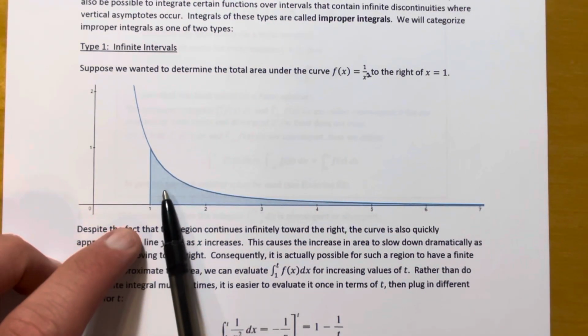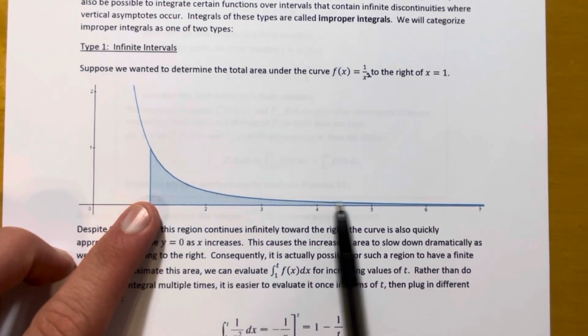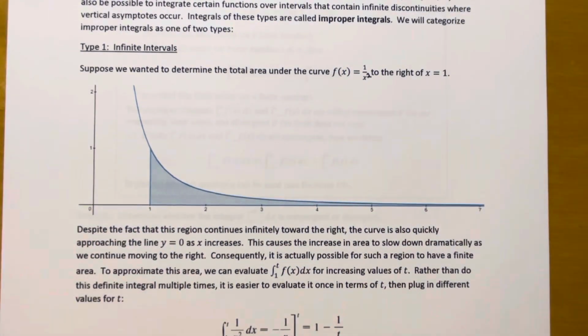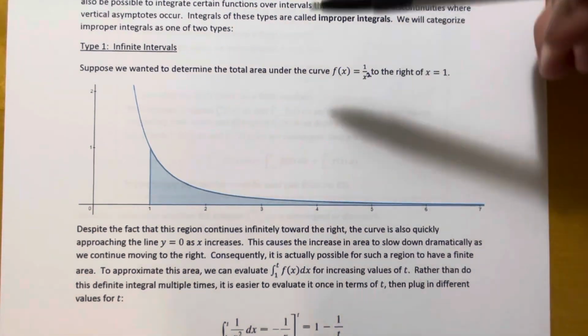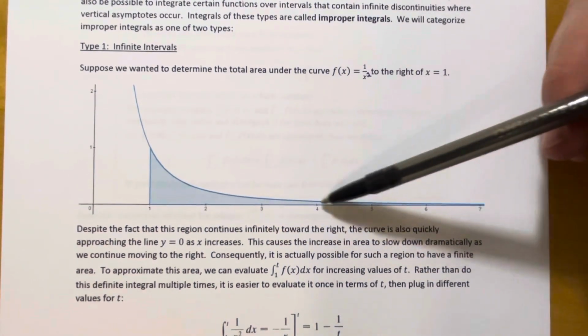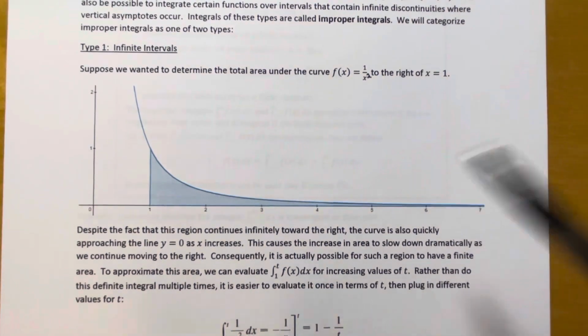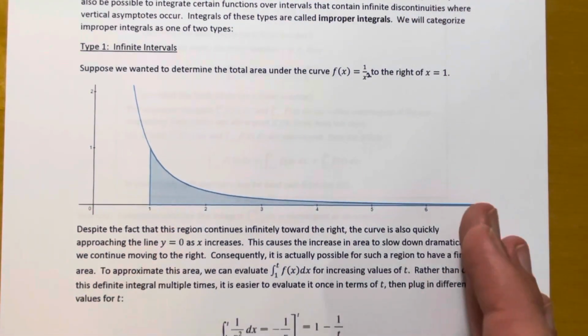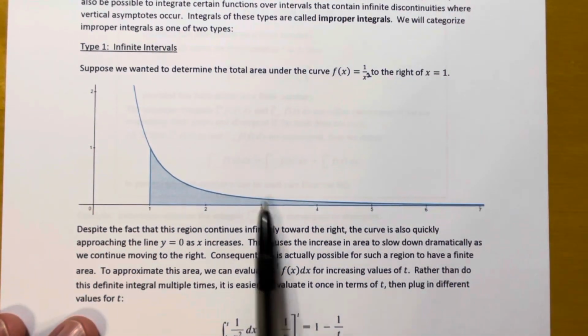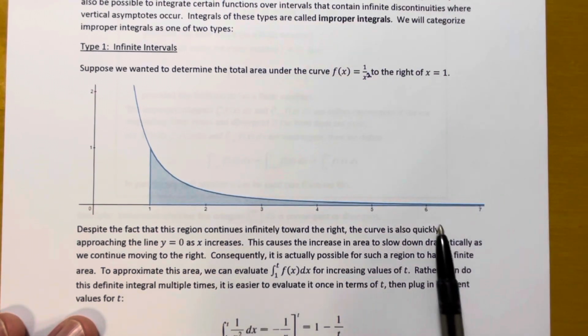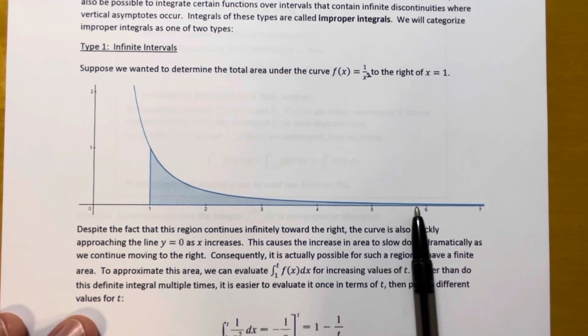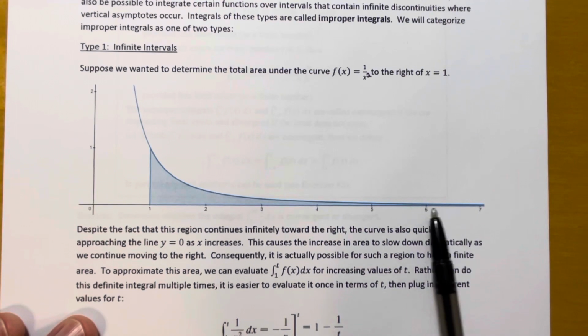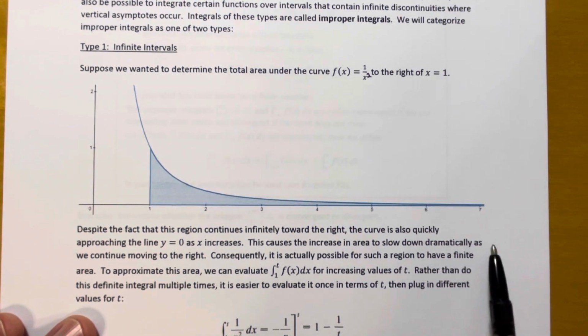So it's tempting to look at that and think, okay, because this region extends infinitely to the right, the area under this curve must be infinite. However, as you continue further and further to the right, the amount of area that's being accumulated gets really, really small.